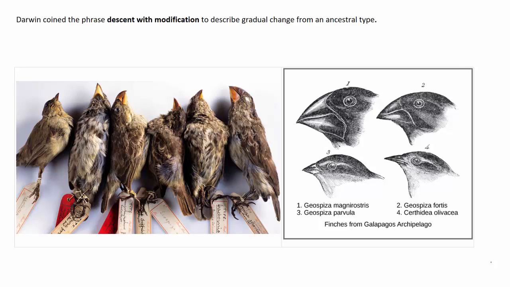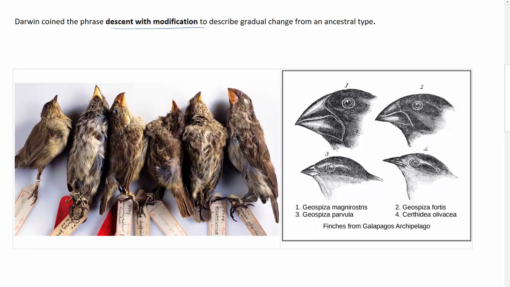Darwin also noted changes in other species, including Galapagos tortoises, and he coined the phrase descent with modification to describe gradual changes from ancestral type. Descent with modification also implies another very important evolutionary concept, which is referred to as common descent.